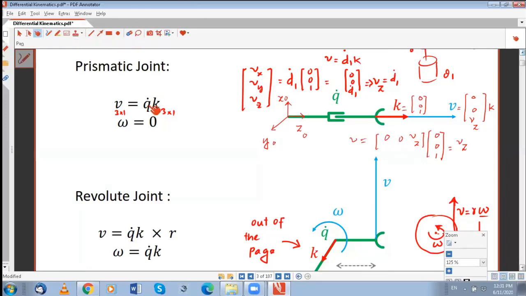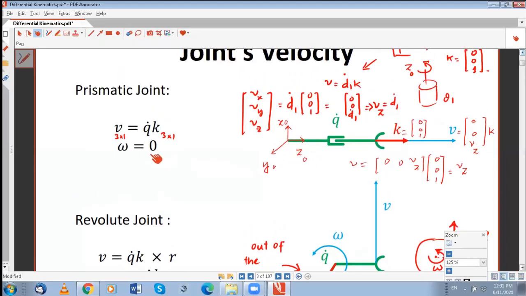Whatever this might be, there might be some other axes, but this is the unit vector. But conventionally, a prismatic joint will always make it move along z.